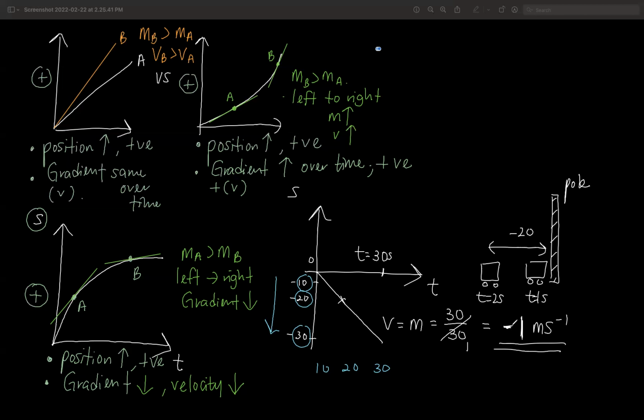And this negative means what? It means that it is moving to the left, which also lines up with the position value. So the position value, you should get negative here, right? Negative 10, negative 20, negative 30. And also it is moving this way. That's why your velocity is negative 1 m/s.